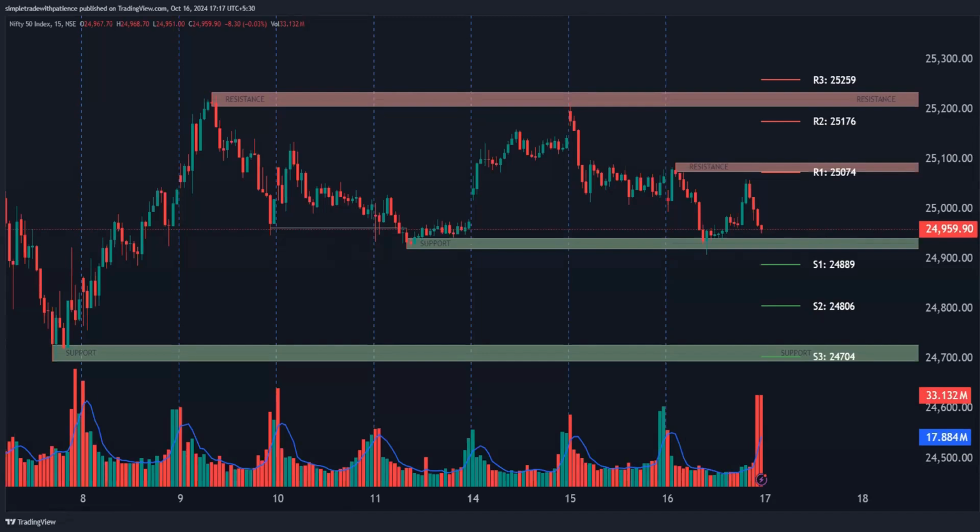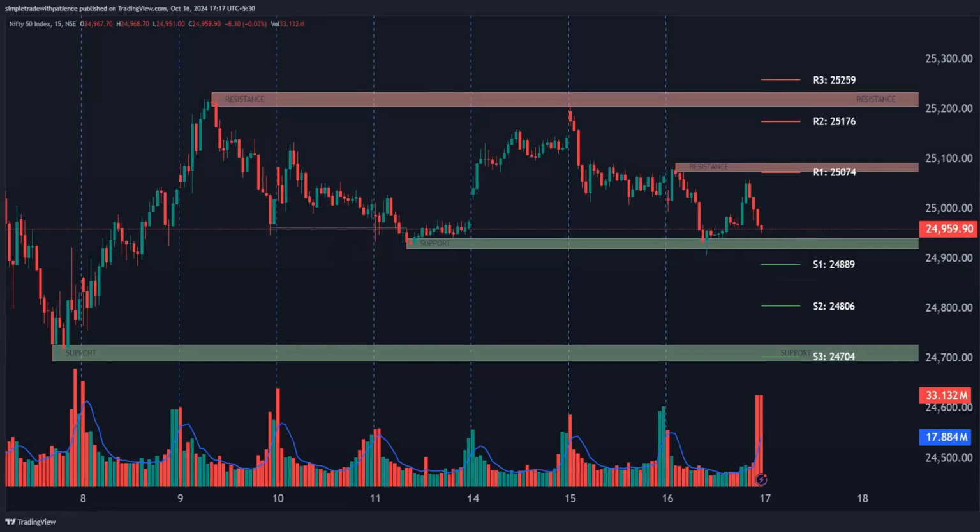Now, for option traders, you would like to keep a close eye on these levels for possible breakouts or pullbacks. And if Nifty crosses 25,074, that's the first resistance, it could provide a good momentum for an upside move. We could go all the way to R2, that's 25,176, or R3, 25,259.